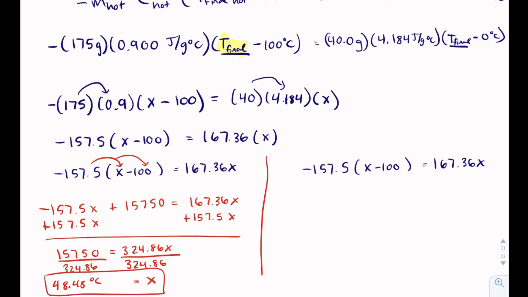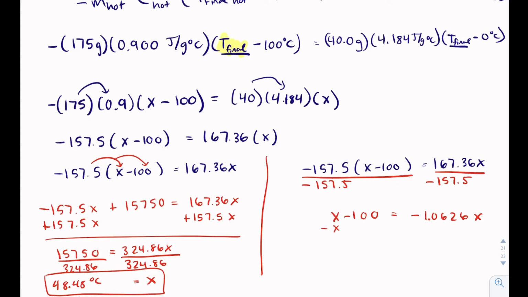Okay. Now, another way that's just as good is to divide here. Divide by negative 157.5. So 167.36 divided by negative 157.5. We're going to get x minus 100 equals negative 1.0626x.